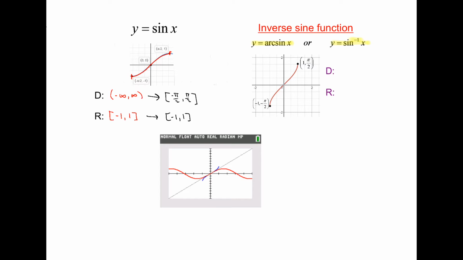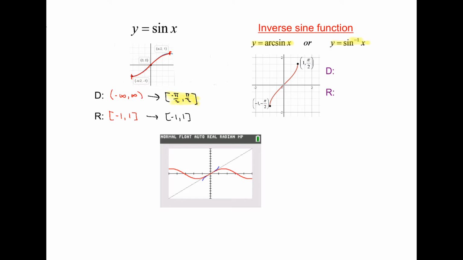And so you can see, if you remember from what we've done before, the domain and range of an inverse switch. So the x becomes the y becomes the x. The domain becomes the range becomes the domain. So the domain of our sine graph with its restriction was negative pi over 2 to pi over 2.